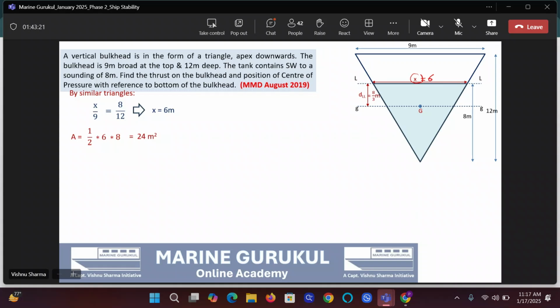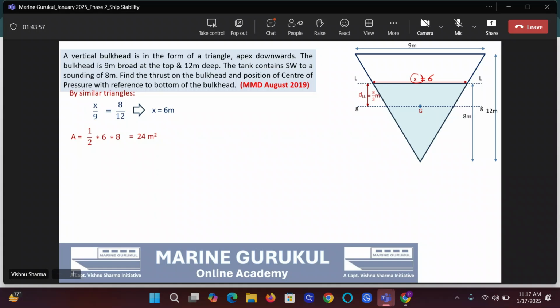How did you get pressure in the last question? Go back now, we have just done a question. Last question, it was DLL into density into area. That was thrust. If you remove area, whatever was remaining was the pressure at the GC, right?